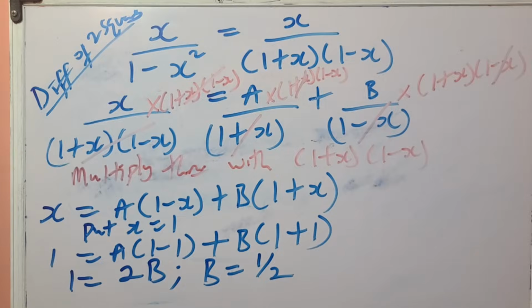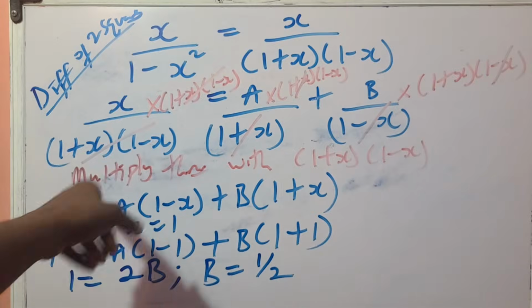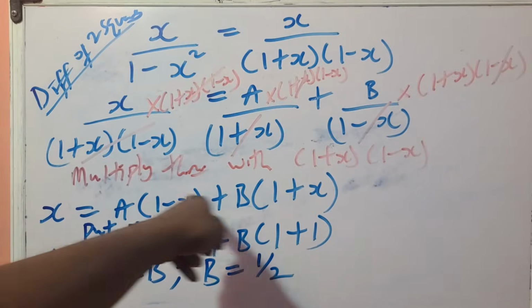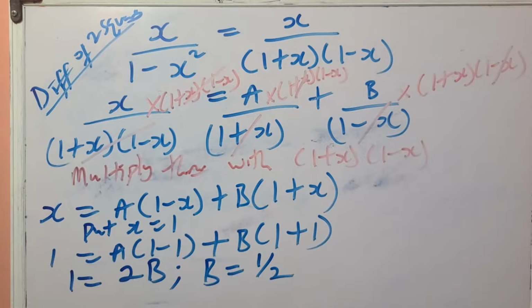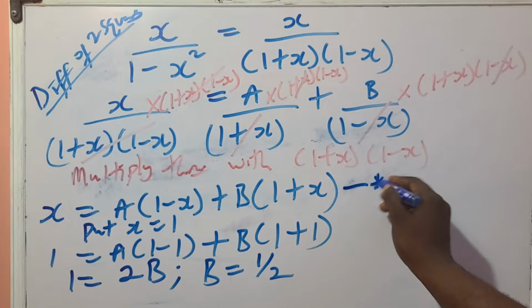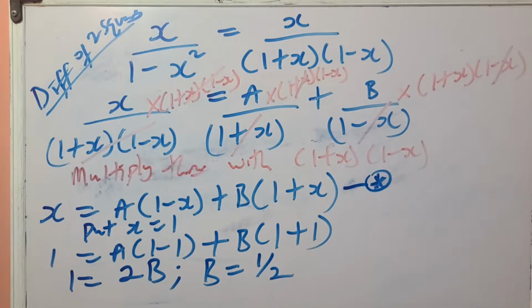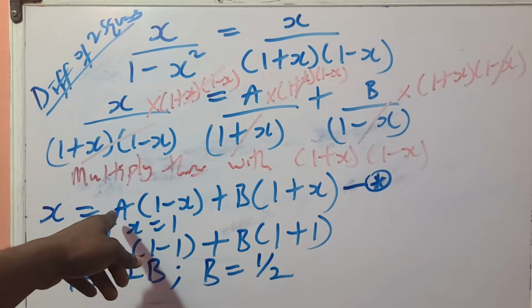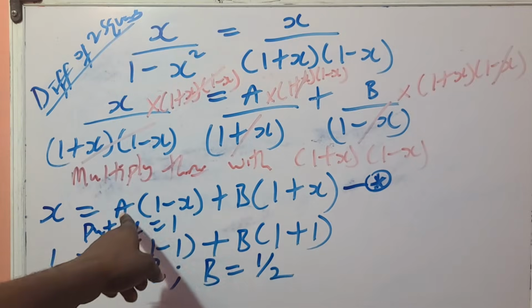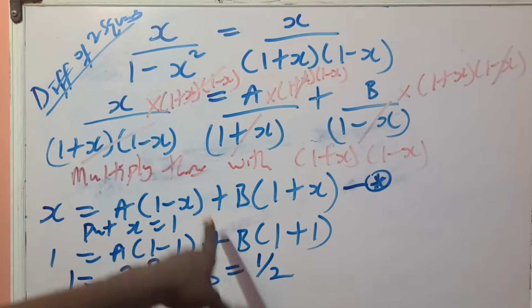Now, that's for b. If I wanted to find for a, what do I need to do? Still come back to this expression. This particular one, the original expression, this expression right here. Now ask yourself, if I want to find b, that means I want to eliminate a. So if I want to find a, I want to eliminate b. I found b, I want to find a now.